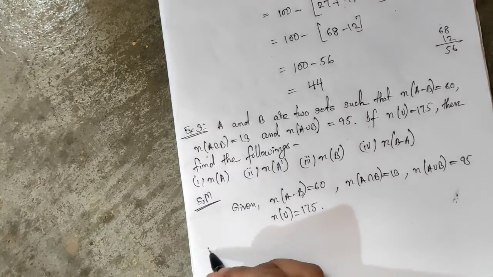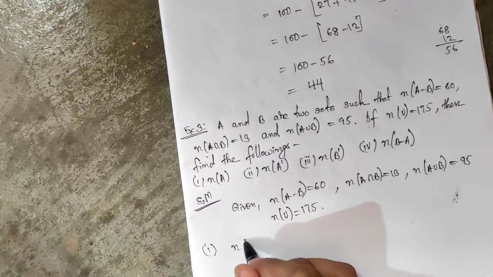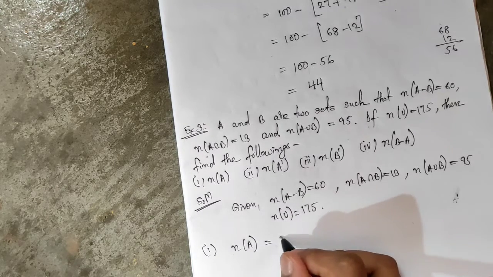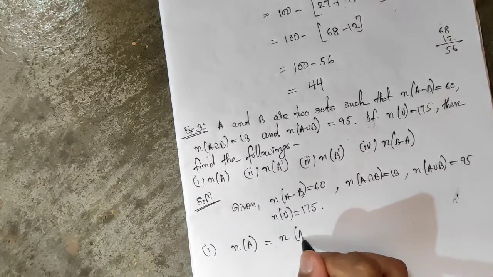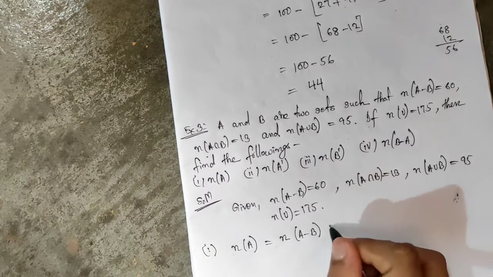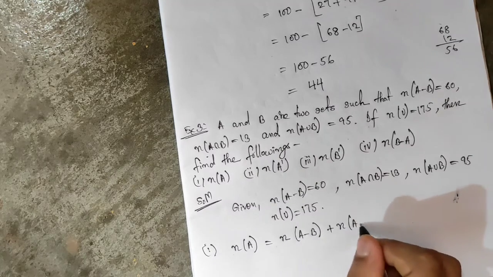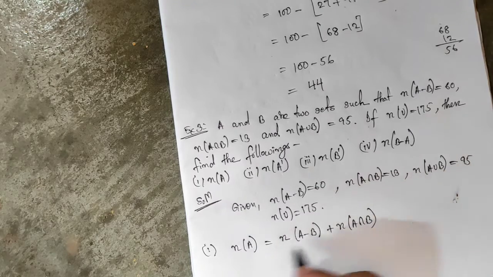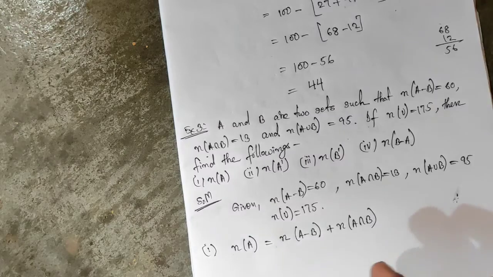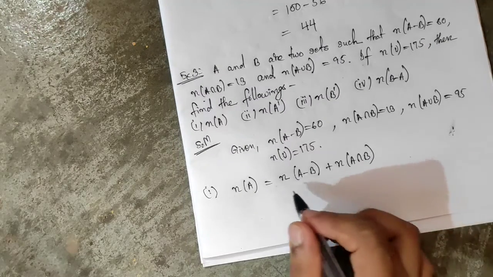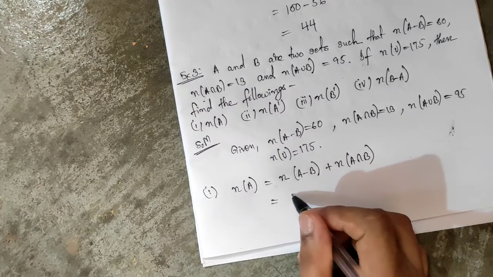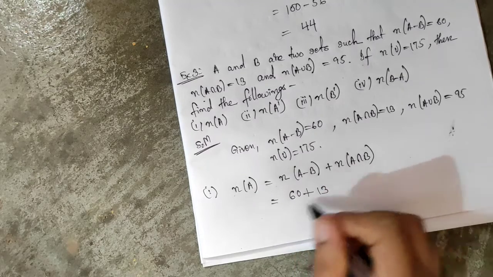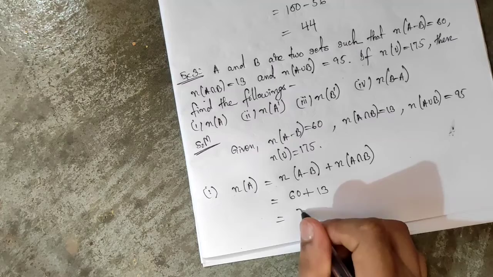Now for number 1, we need to find n of A. We know n of A equals n of A minus B plus n of A intersection B, a formula we have derived from deductions from the Venn diagram. Now just put in the values: n of A minus B is 60, plus 13. So it will give us 73.